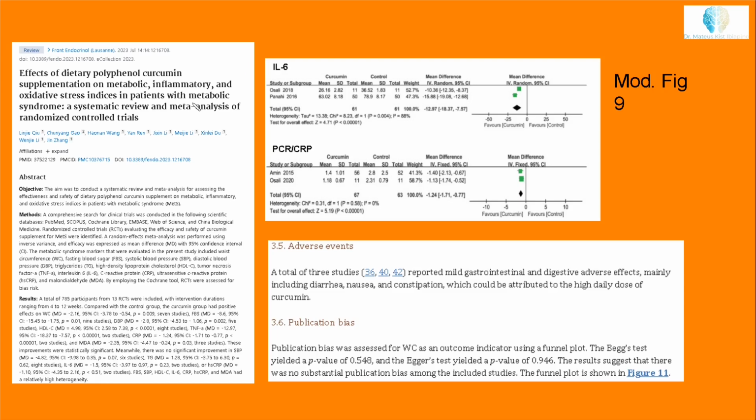And studying these patients, this systematic review included 13 randomized clinical trials, and what they found was that compared to the control group, the groups that took curcumin had a positive effect on waist circumference, fasting blood sugar, diastolic blood pressure, high density lipoprotein, TNF alpha, and MDA.